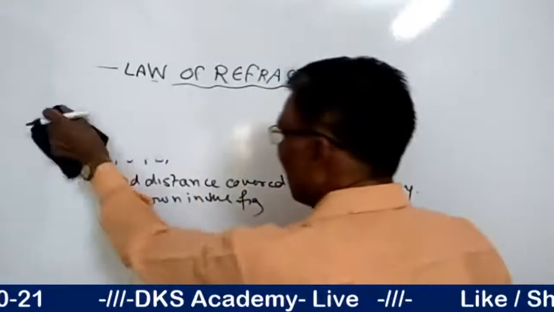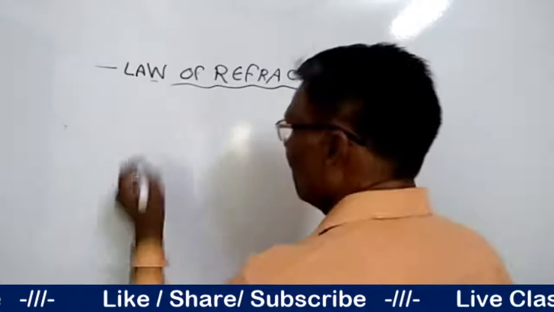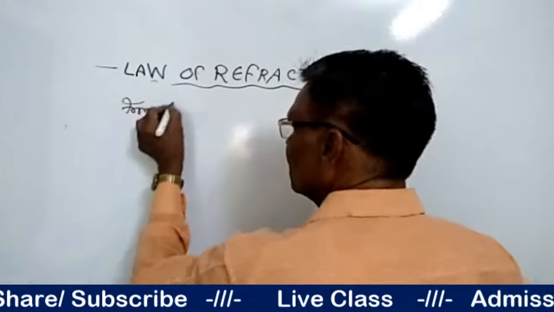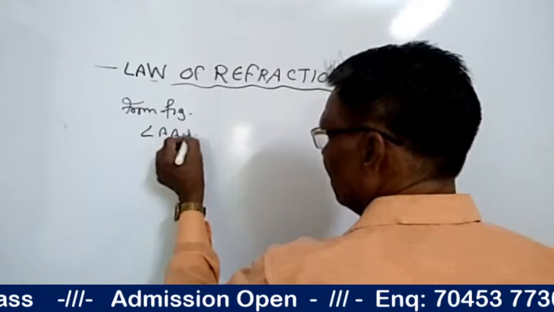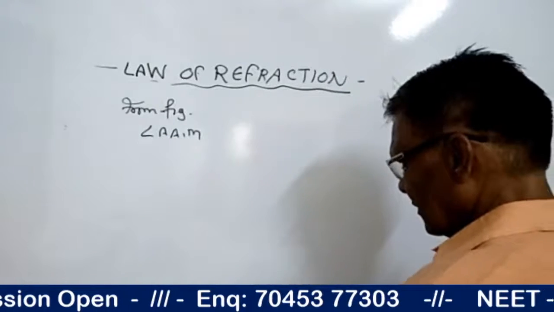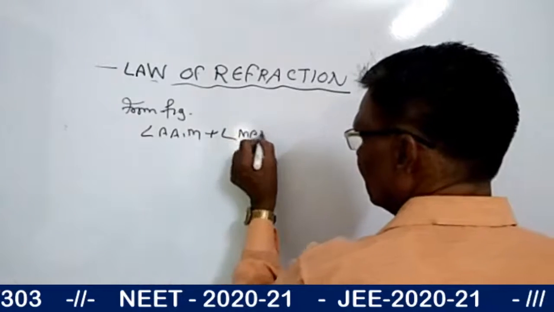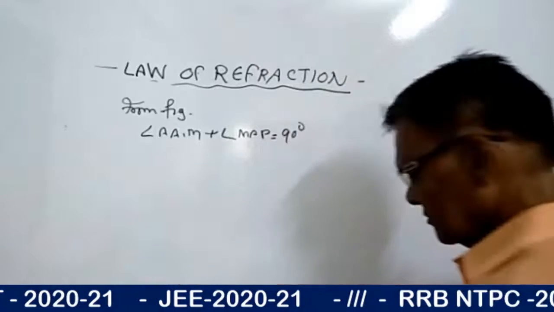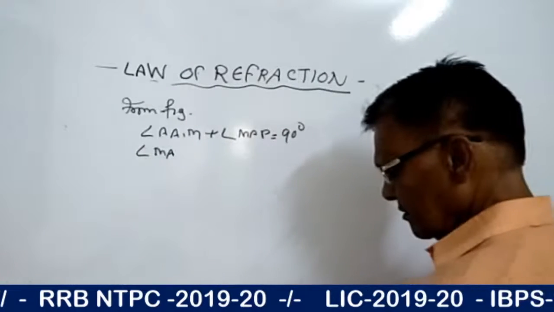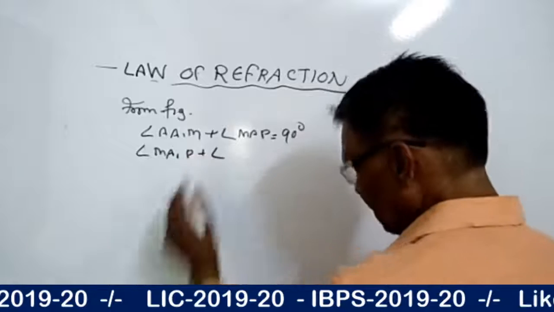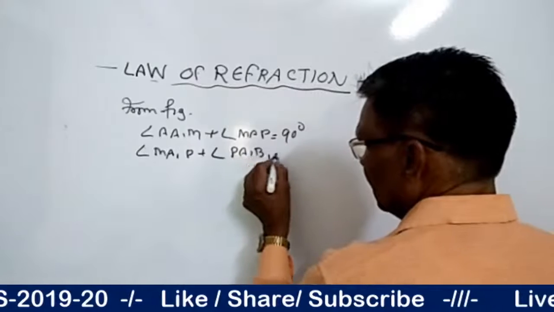Next, now see how derivation is carried out. So from figure, angle A1MP plus angle MAP equal to 90 degree, and angle MA1P plus angle PA1B1 equal to 90 degree.